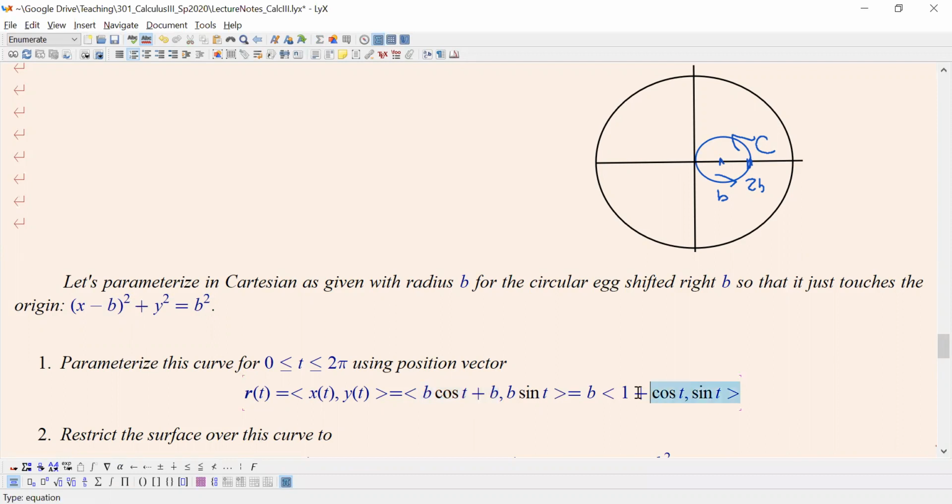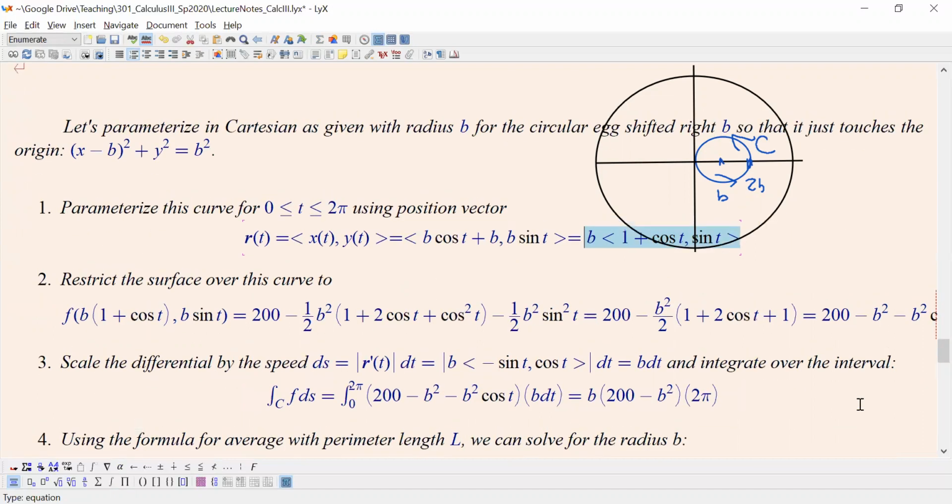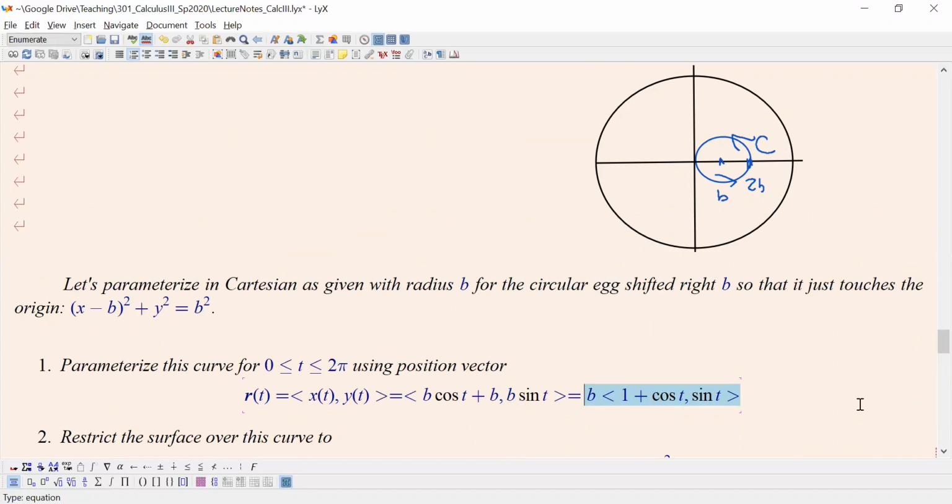Now you may notice that there's a lot of sines and cosines moving around. This is very close to polar, but it's a little bit tricky because it's not centered around the origin. So we're going to keep going as if t is just a parameter, even though we know it's theta, right? It's going around, changing in terms of the angle.